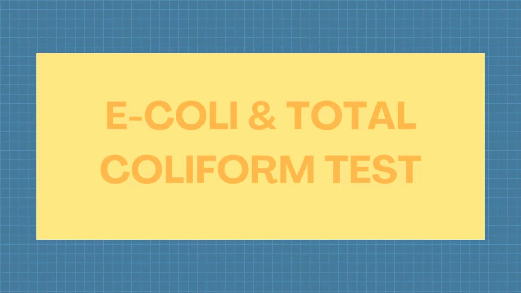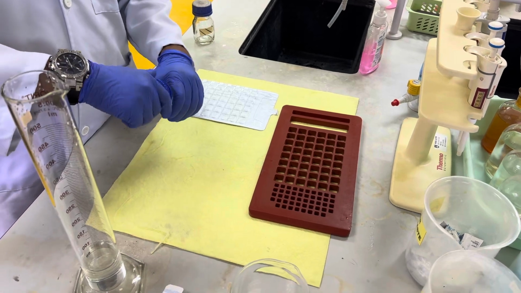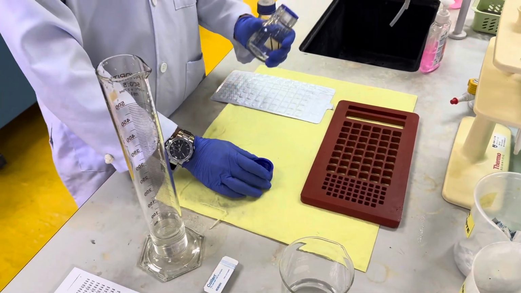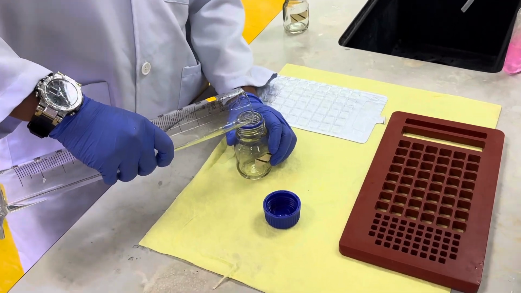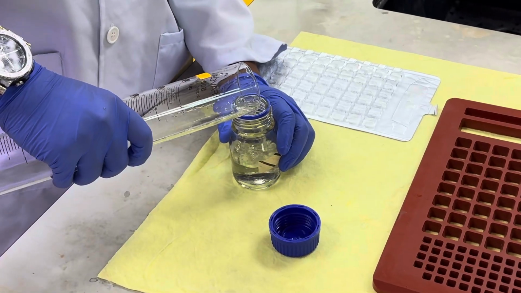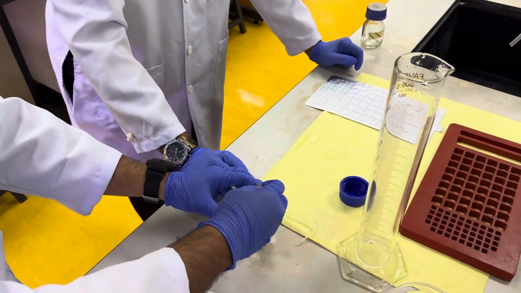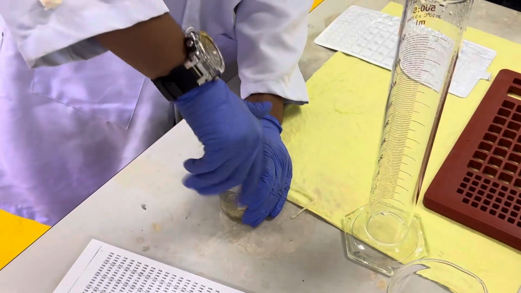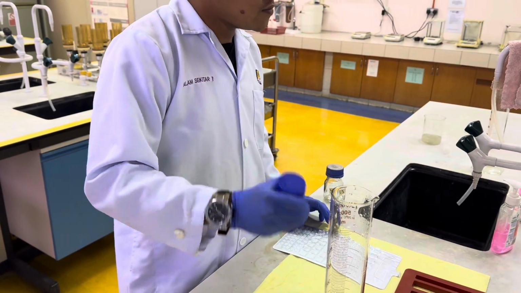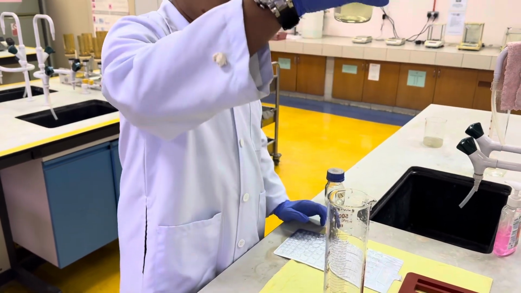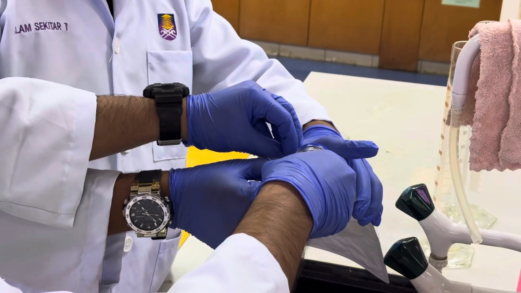Next, the first experiment for the biological test, which is the total coliform and E. coli test. First, you have to pour 100 ml of water into the vessel and add reagent. And then, close and shake until the reagent dissolves. After that, pour the sample into quanti-tray and seal.